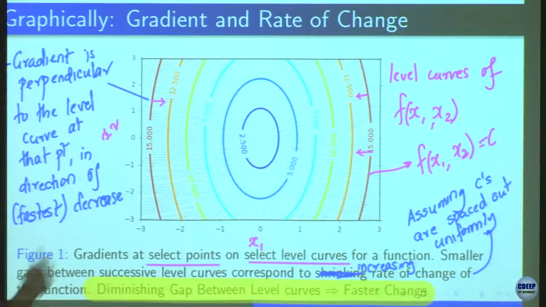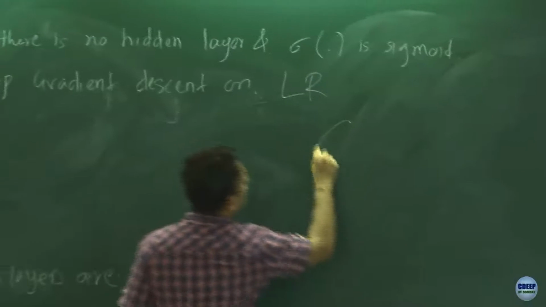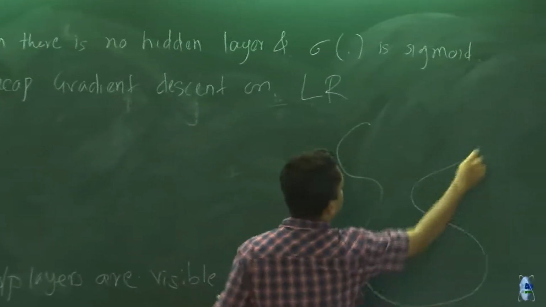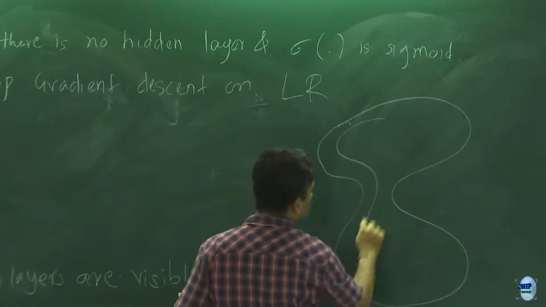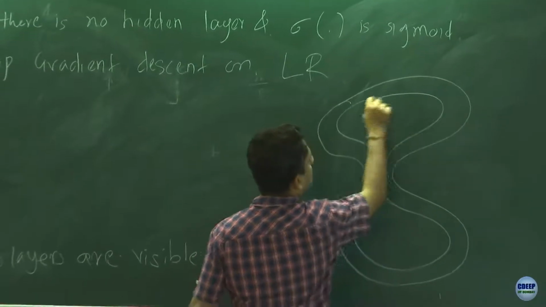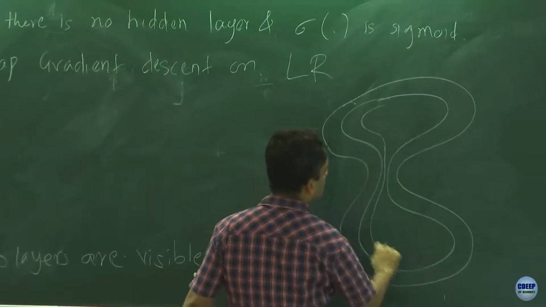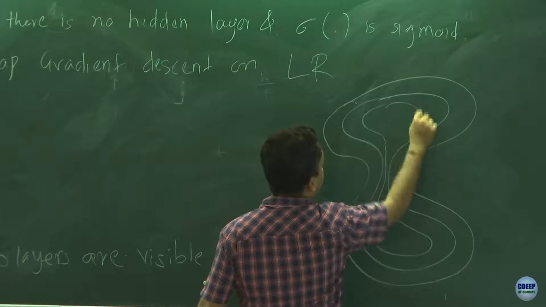Now, this is all fine when you have a nice convex function, but in reality, what you often have is something like this. The level curves would look something like this. What we showed was a quadratic function.